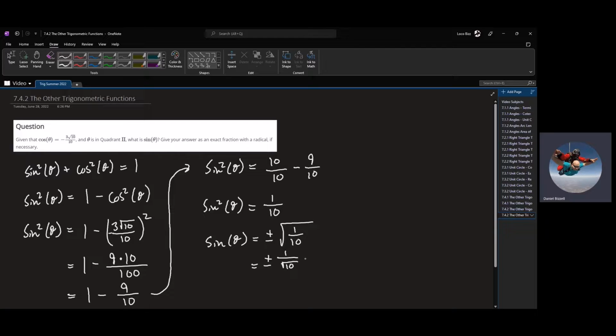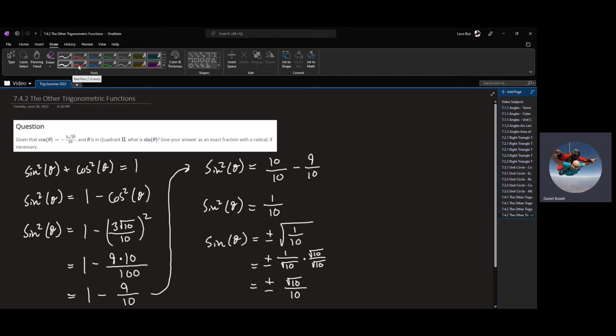And we can go ahead and rationalize this denominator by multiplying by square root of 10 over the square root of 10. And that'll give us plus or minus the square root of 10 over 10.